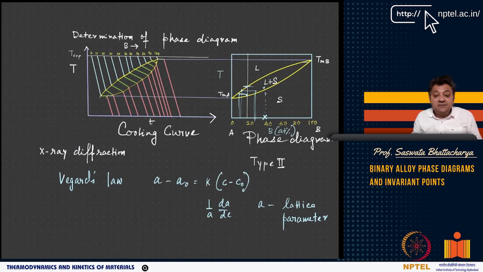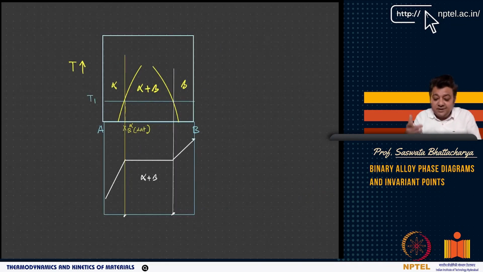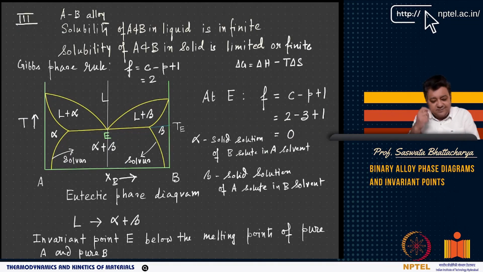One practical example of the lens-shaped type 2 diagram is the isomorphous diagram between copper and nickel. Similarly, the type 1 phase diagram also had a practical example, bismuth and cadmium. So, in type 1, you had infinite solubility of A and B in the liquid, but solubility in the solid was zero.